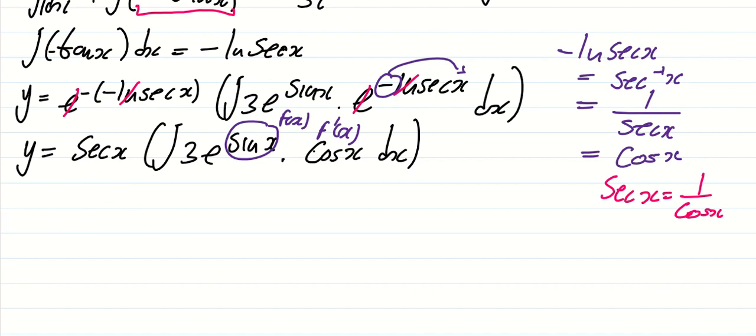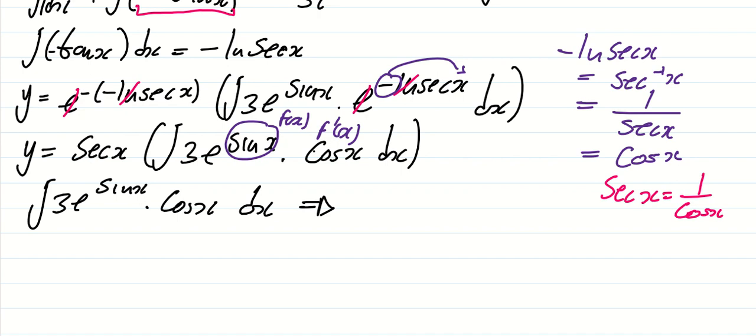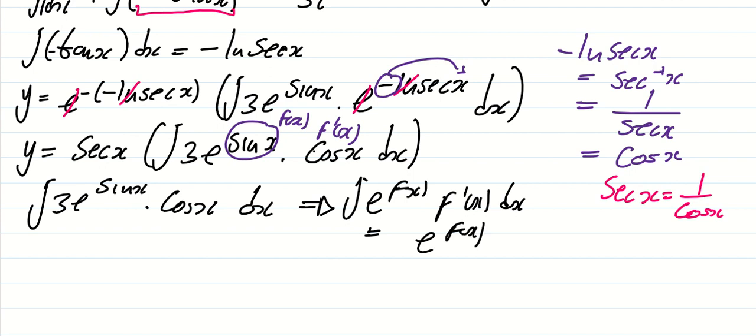You have the integration of 3e sine x, which is f of x, times cos x dx. Remember the original formula for integrating e to the f of x times f prime of x dx: this will give you e to the f of x, plus c, obviously.